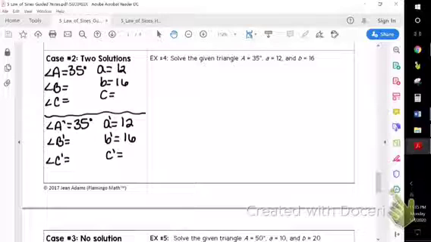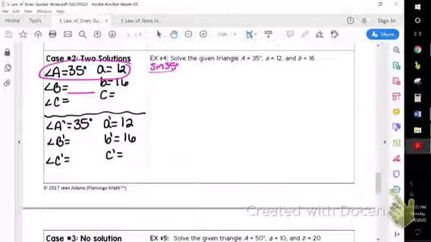Alright, so working in my first triangle up there, notice they gave us angle A and side A, so we need to go find angle B. So I'm going to take sine of angle A over side A, and that's equal to sine of angle B, since we don't know B, over side B, which is 16.